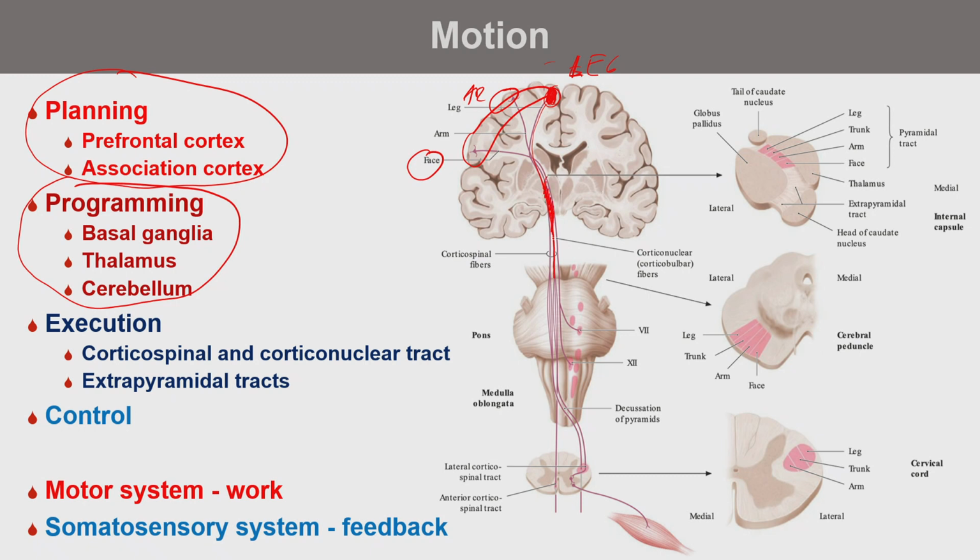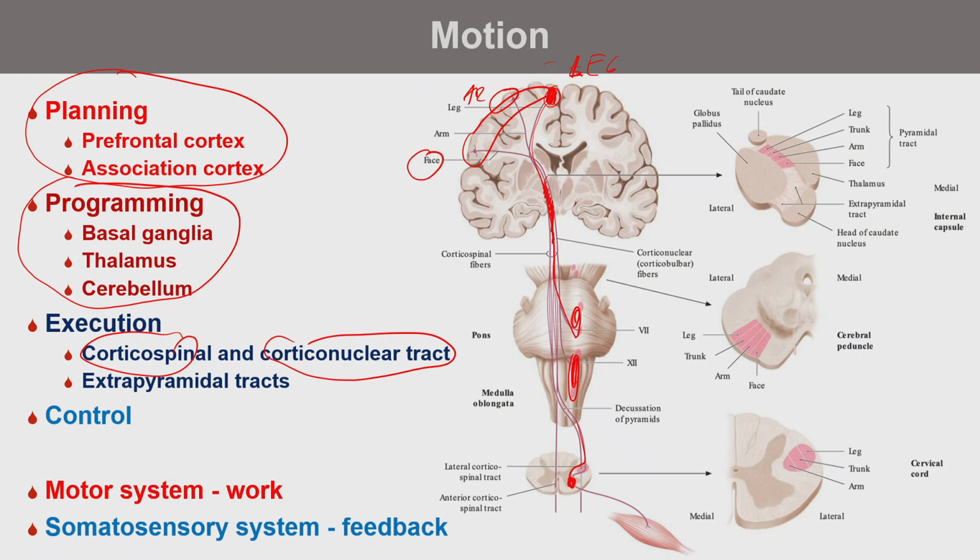There are axons. Typically we can see it in the posterior arm of the internal capsule, and through the corticospinal and corticonuclear tract, this information is going to the nuclei in a brainstem or into the anterior column of the spinal cord.